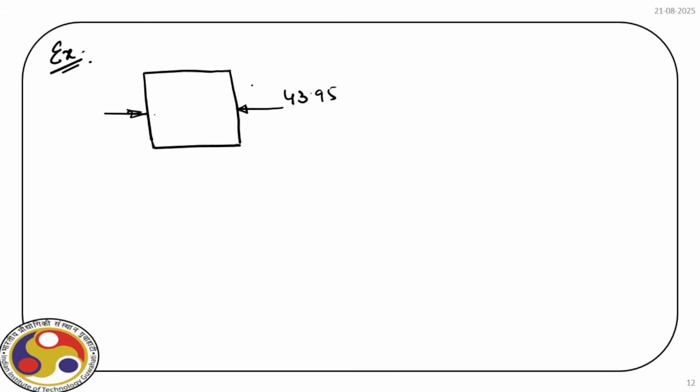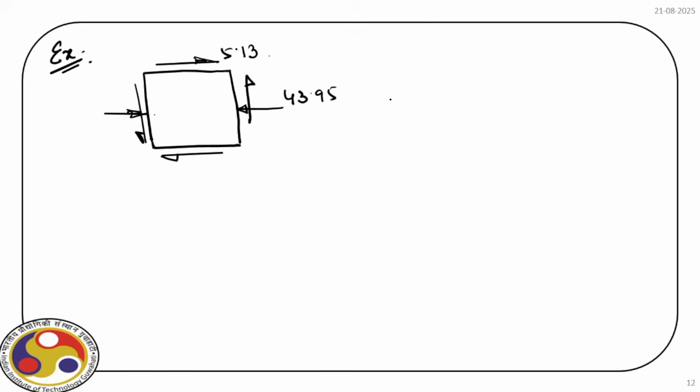Okay, so let us just consider a brief example. So we have a state of stress which is shown here. So we have 43.95 and then this is 5.13.